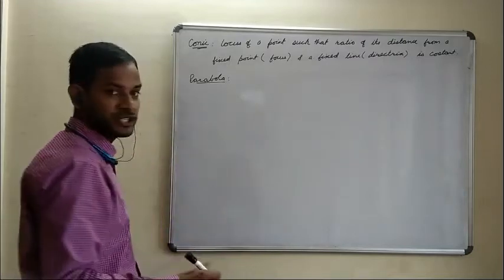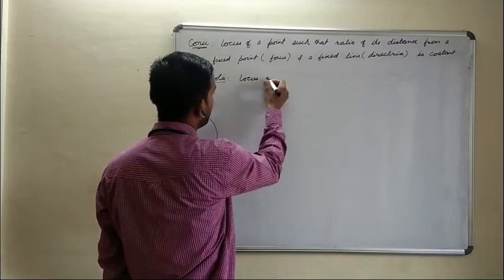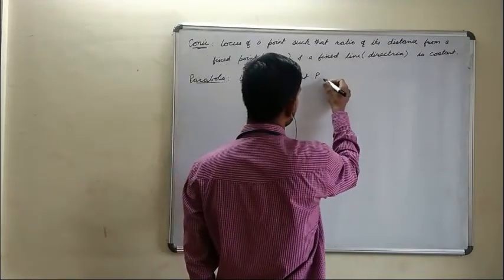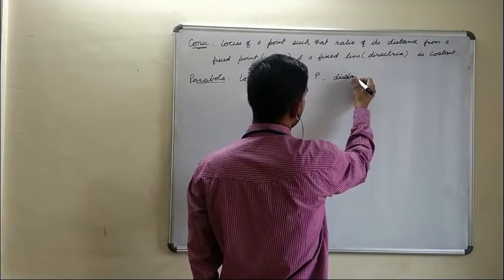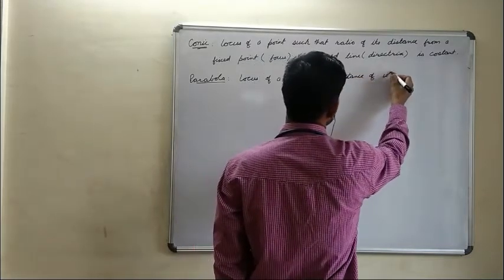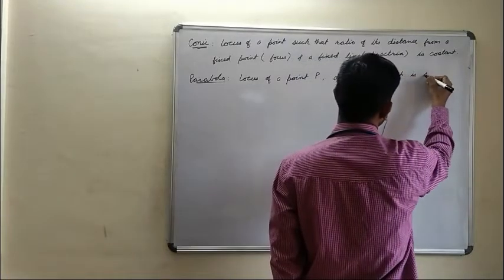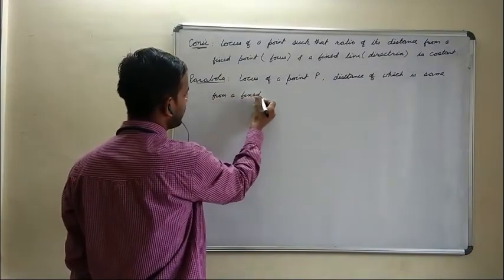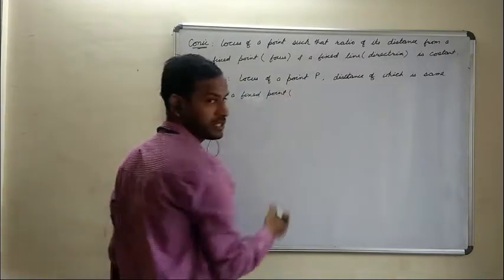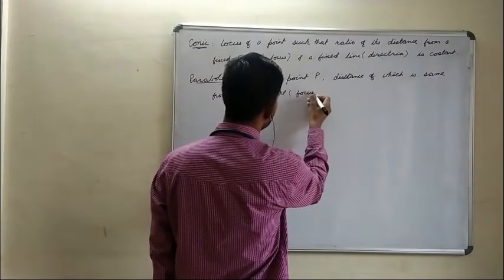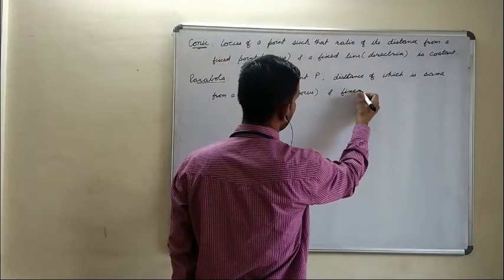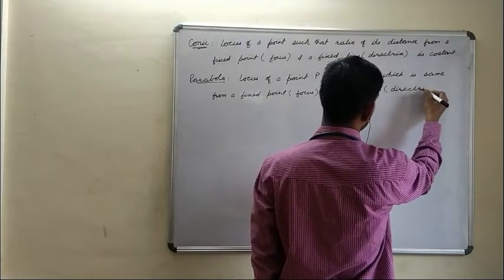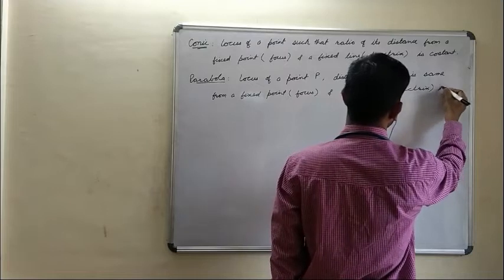Okay, so let us write the definition. So it is locus of a point P, distance of which is same from a fixed point which is focus, and fixed line which is directrix, is called parabola.